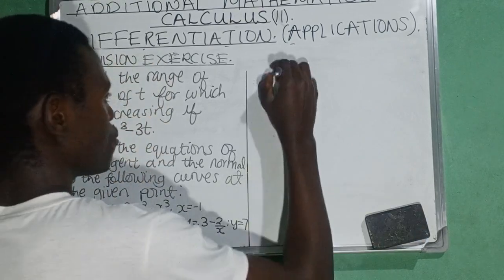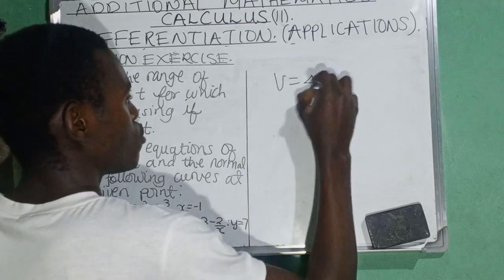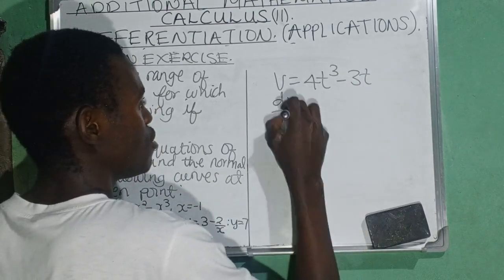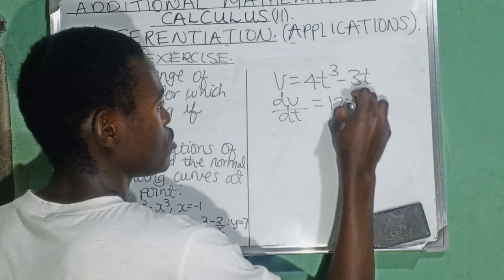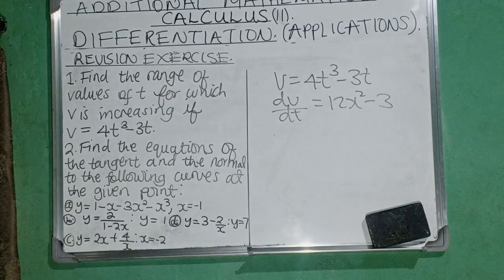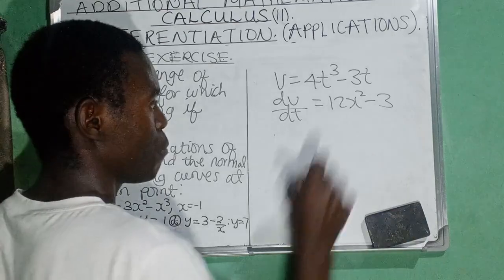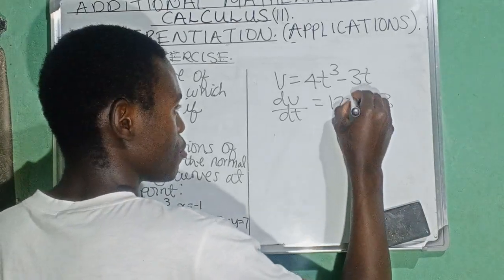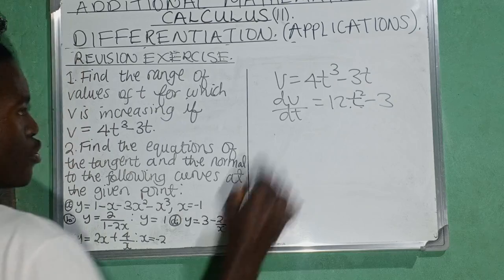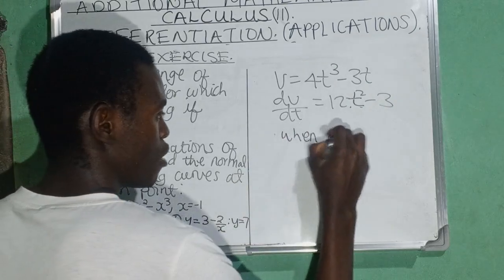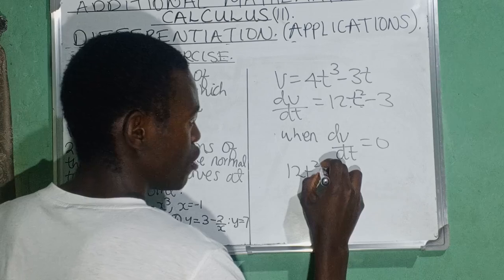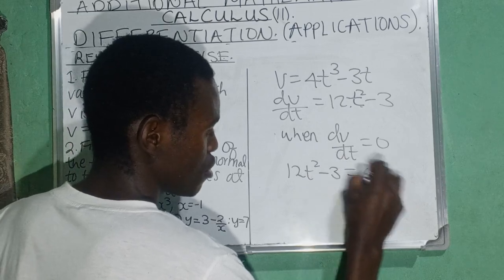So we have the equation v is equal to 4t cubed minus 3t, and dv/dt is equal to 12t squared minus 3. This is not x, sorry for that, it's supposed to be t. Then to continue, when dv/dt is equal to 0, 12t squared minus 3 is equal to 0.